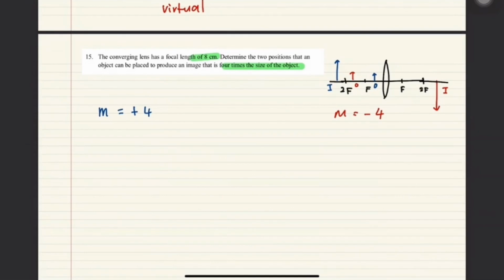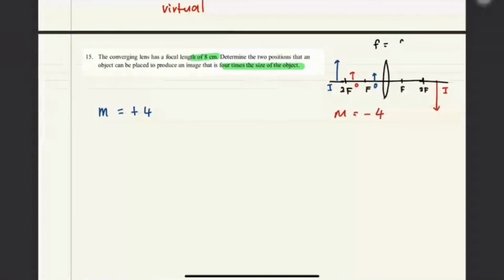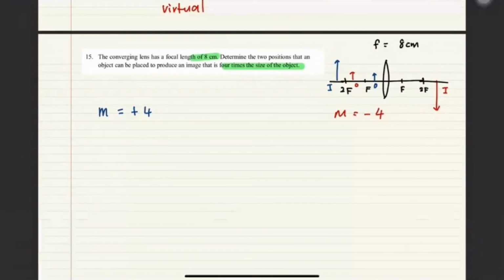Okay, so dia ada dua situation. Okay, F dia adalah 8, positif ke negatif? Kalau converging lens macam ni, positif ke negatif F? Positif. Yes, very good.